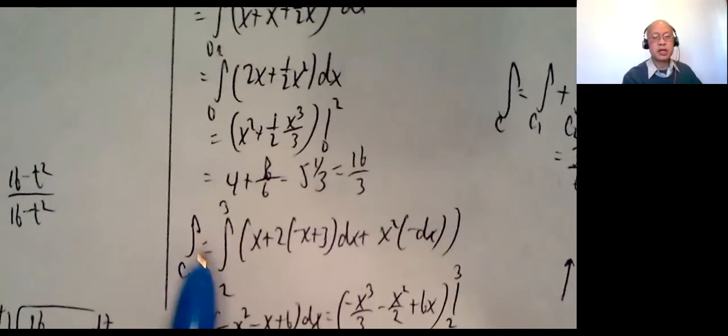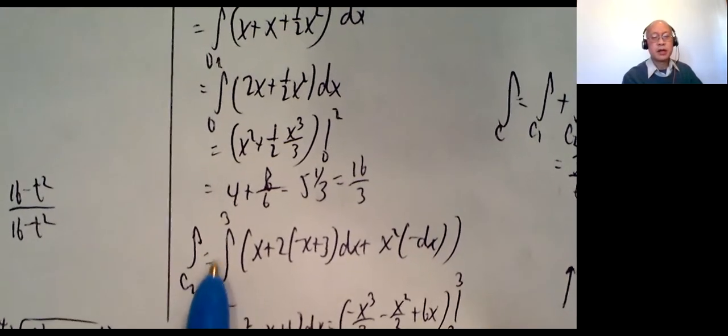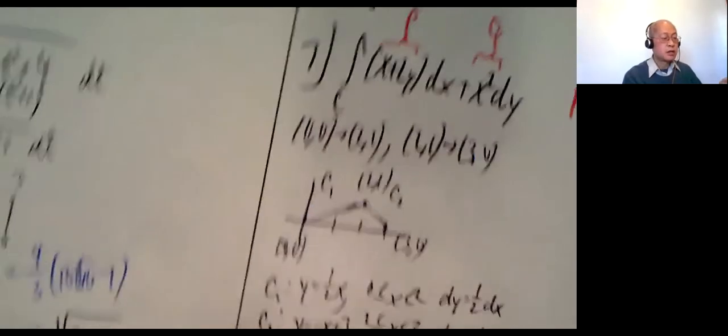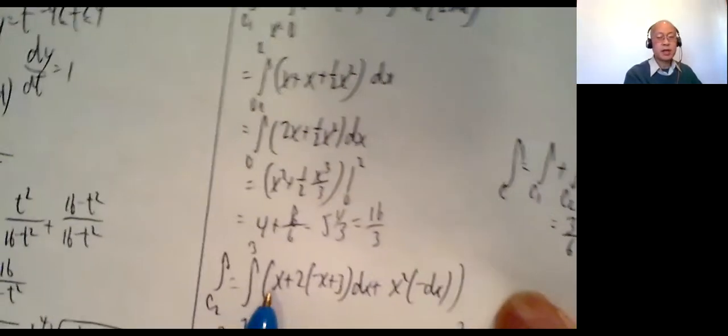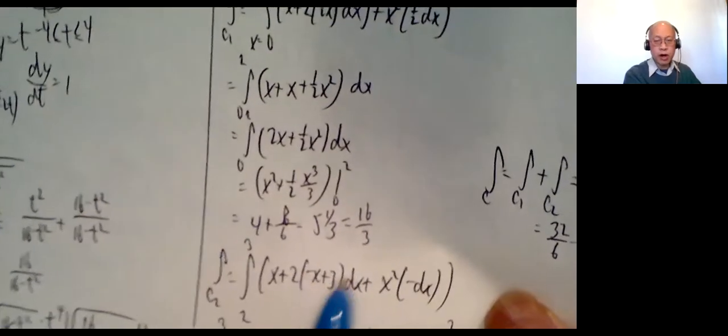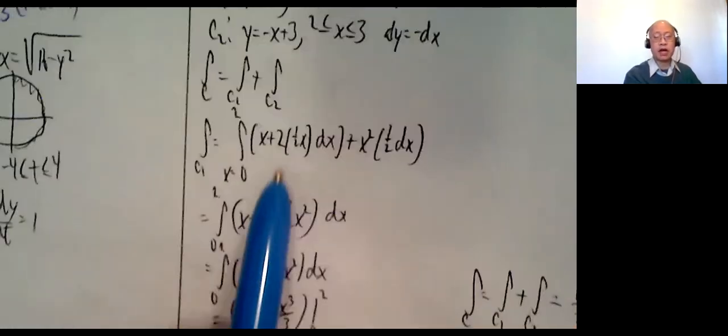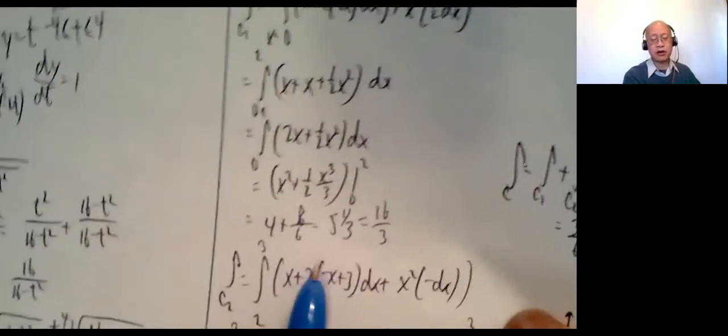All right, then along C2, x is going from 2 to 3. So x plus 2y dx. x plus 2y, here's y for the second graph. You can see these problems can get really long and really intense. There's x plus 2y.